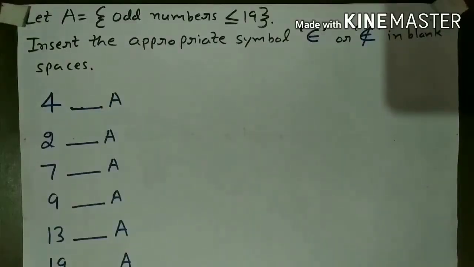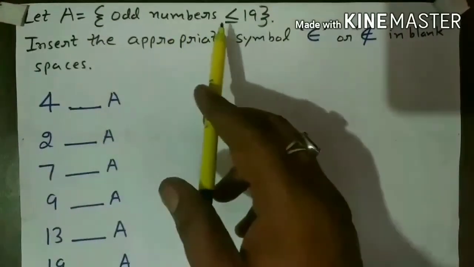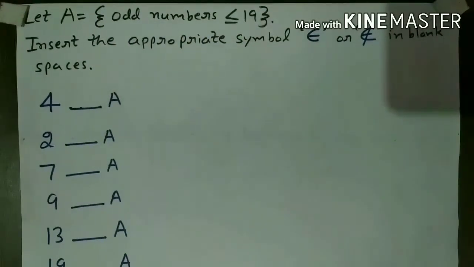Dear student, it is given that the set A is odd numbers less than 19. So we know odd numbers start from 1 and move as 3, 5, 7, 9, 11, 13, 15, 17, 19. Odd numbers are those numbers which are not divisible by 2.